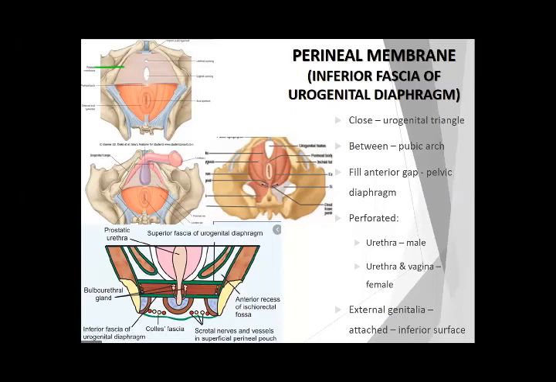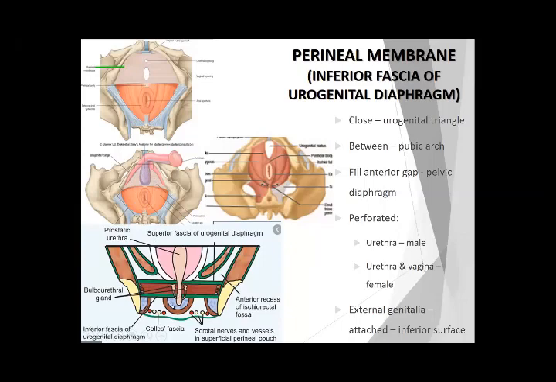And please note one thing. This that you see is the undersurface or the inferior surface of the perineal membrane. Attached to the inferior surface of the perineal membrane are the external genitalia. These are the external genitalia attached to the inferior surface of the perineal membrane.